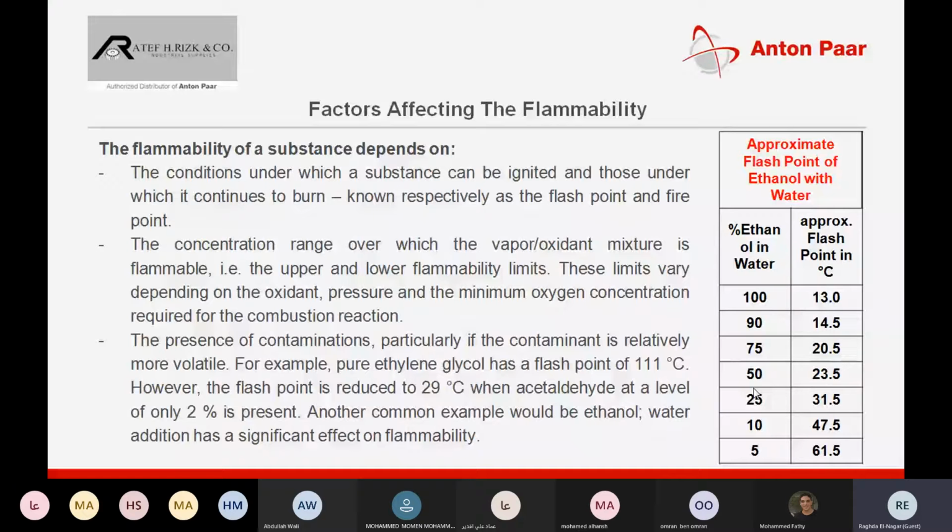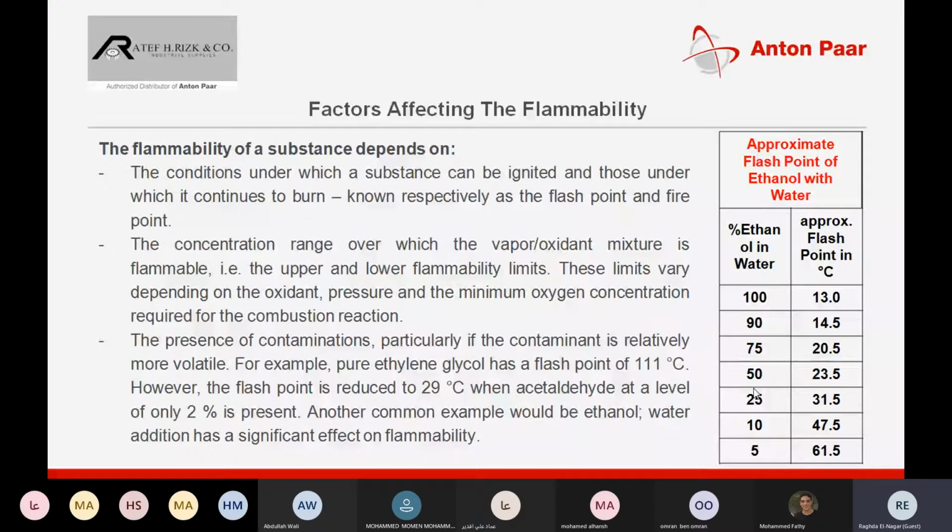For example, pure ethylene glycol has a flash point of 111 degrees centigrade. However, the flash point is reduced to 29 degrees centigrade when acetaldehyde is added at only 2%.